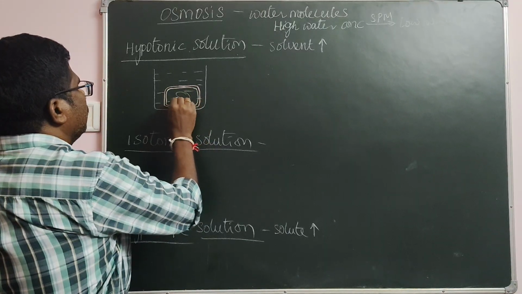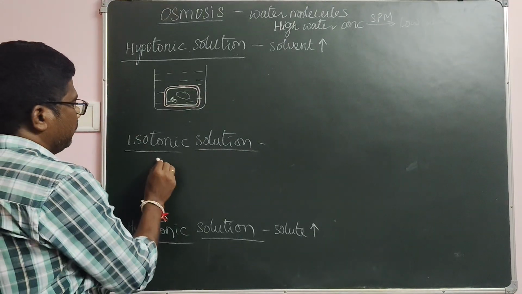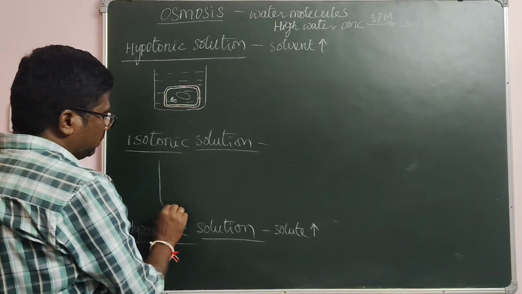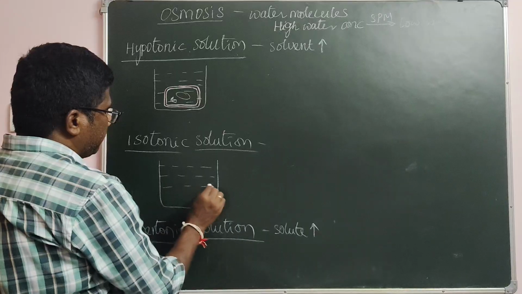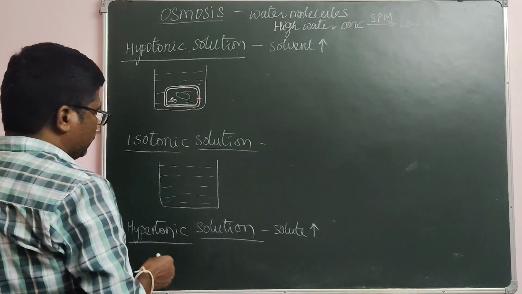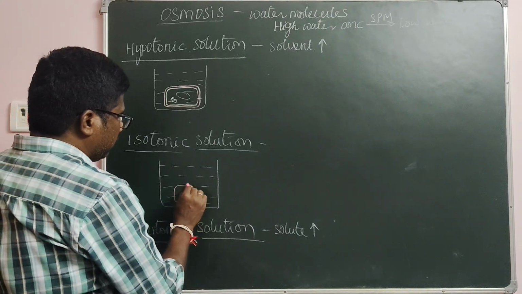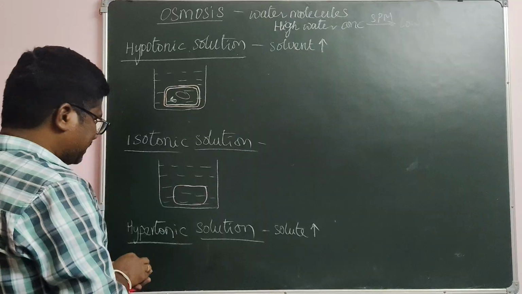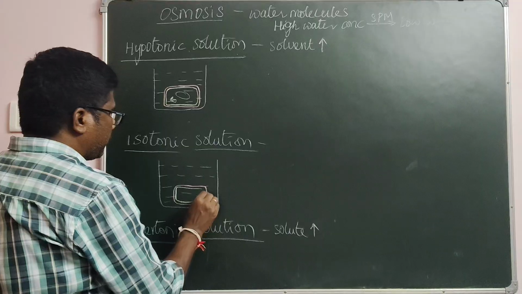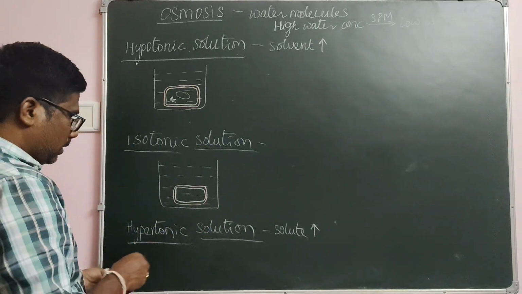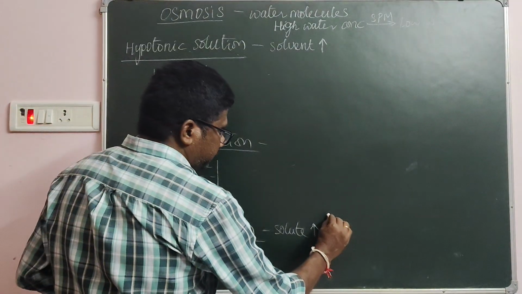Some vacuole organelles are there, and in the same way I have taken a cell in the isotonic solution also, and in this last one also we have taken one cell only.